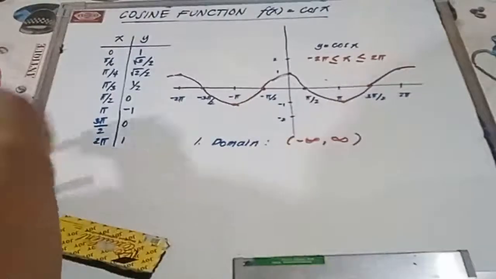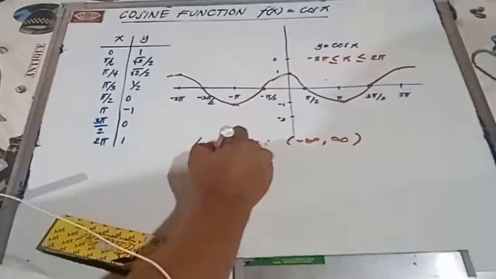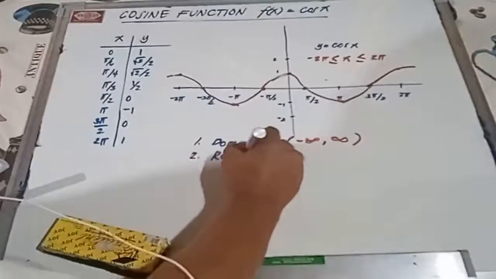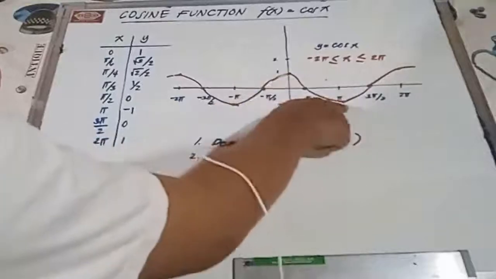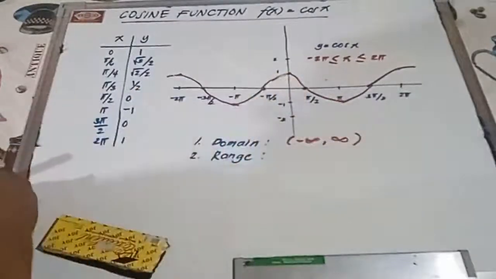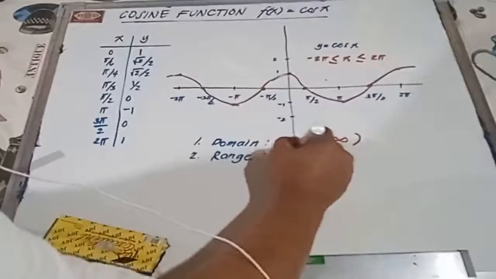Pagdating naman sa range, ang range niya, di from negative 1 to 1 pa rin. Inclusive yun. So we have negative 1 to 1.